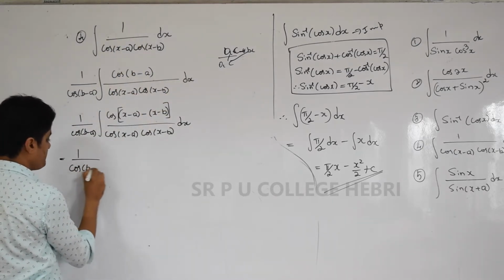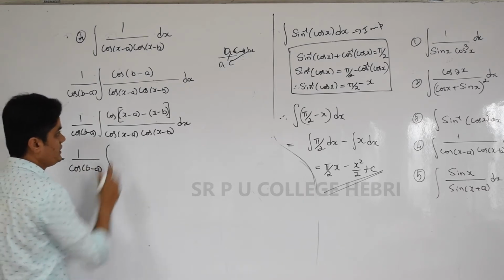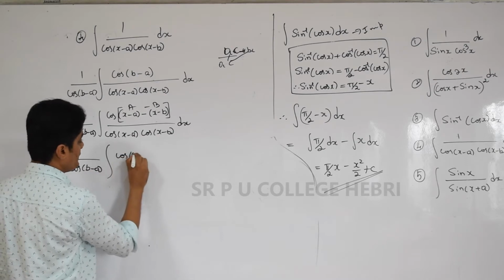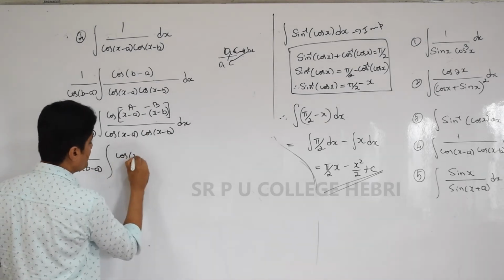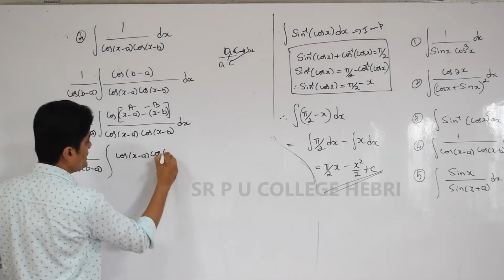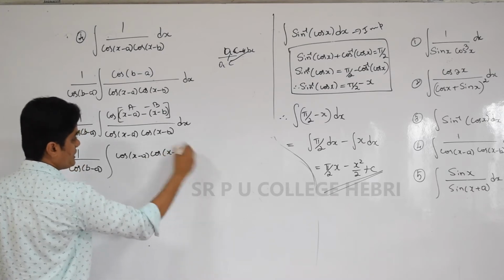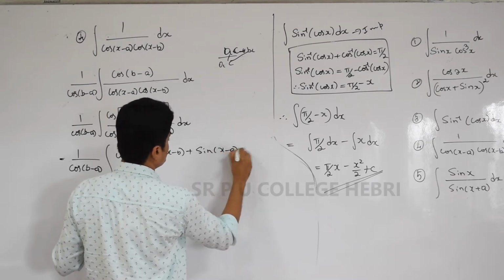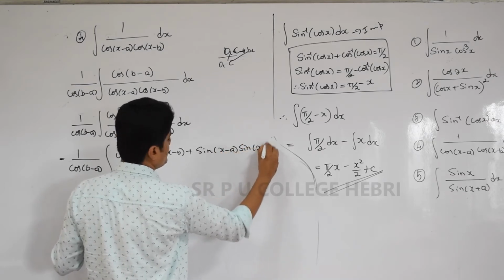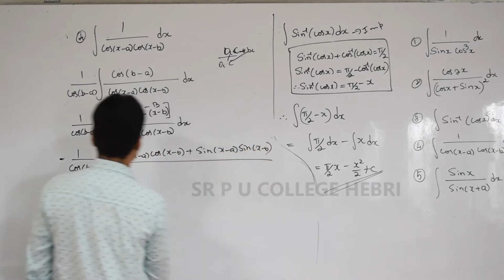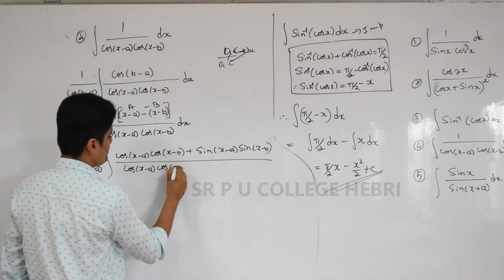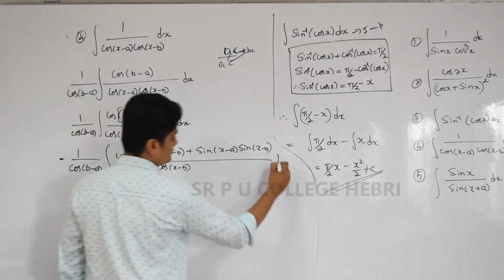Observe this carefully. Which formula should we use? cos a minus cos b. Remember? cos of a minus cos a into cos b, okay, since it is minus here, it should be plus here, sin a sin b. You remember the formula, right? Whole divided by cos of x minus a into cos of x minus b.